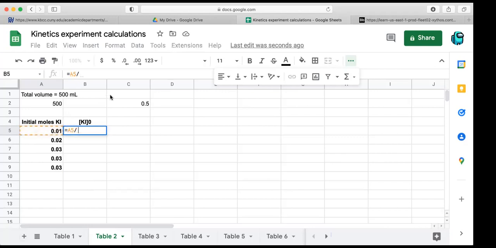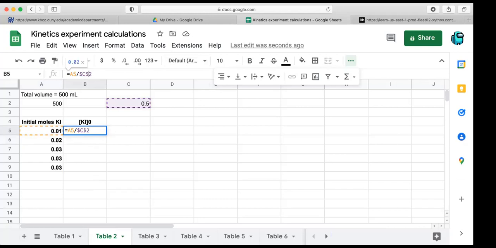Actually, let me show you, be careful about this. If you are going to use this, which you will for all 5 of these, you have to be a little bit careful. You put designators after the 0.5 so that it won't shift down, because we're going to use the 0.5 each time.